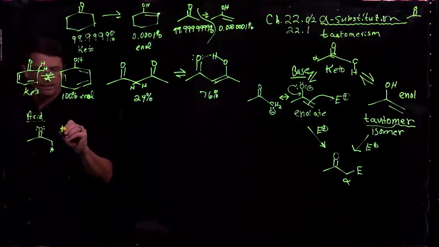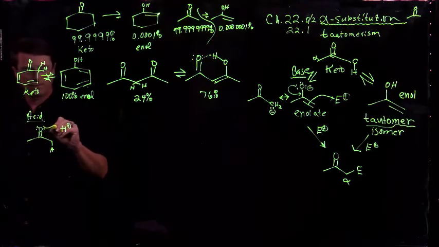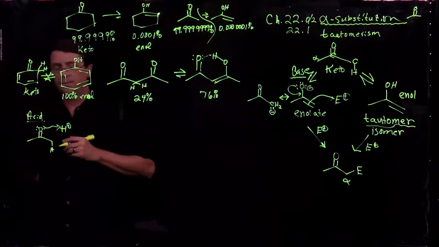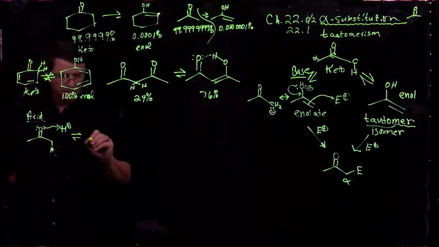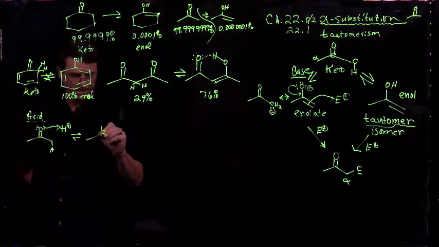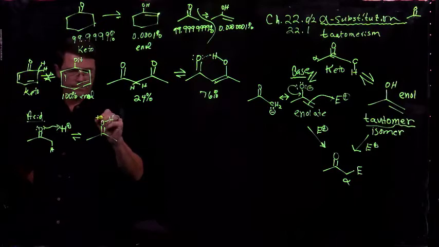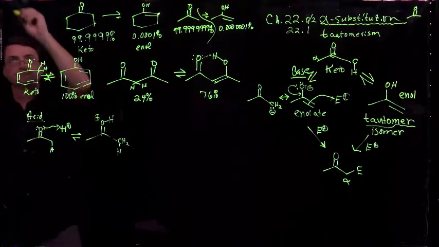If we react this with acid, of course, the lone pairs are in the highest occupied molecular orbital and the most readily available. So we protonate the carbonyl. So we now have that position, CH2H.